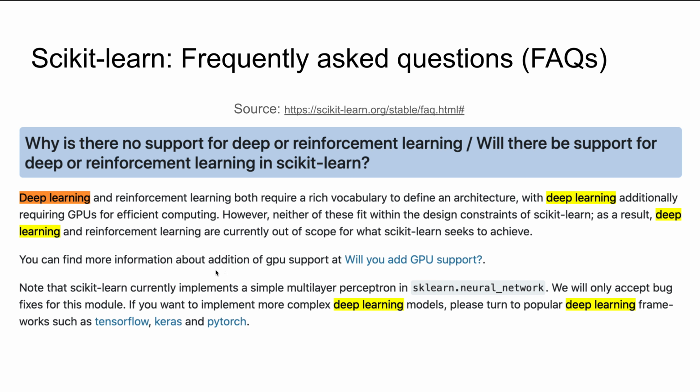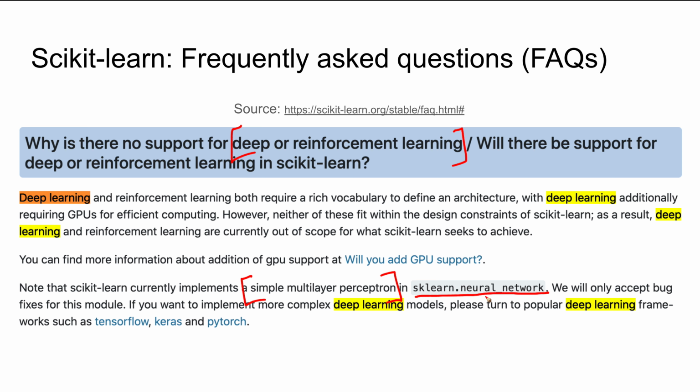Additionally, because there is no GPU, there is also no support for deep learning or reinforcement learning. Even so, there is a simple multi-layer perceptron that can be modeled, and we'll look at that.